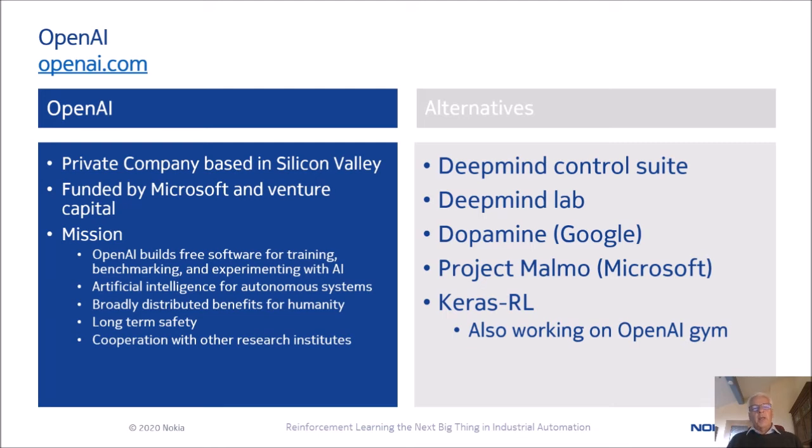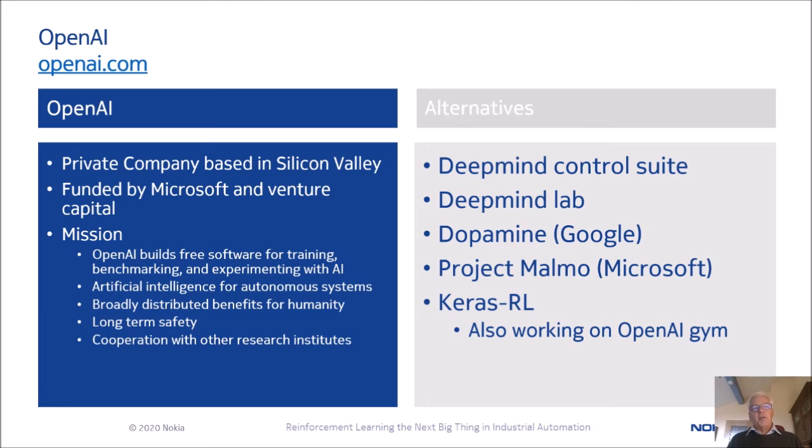Their idea is to build free software for training, benchmarking, and experimenting with AI, especially for autonomous systems. They also deliver this for others to benefit from, and they do a lot of research and cooperate with universities.